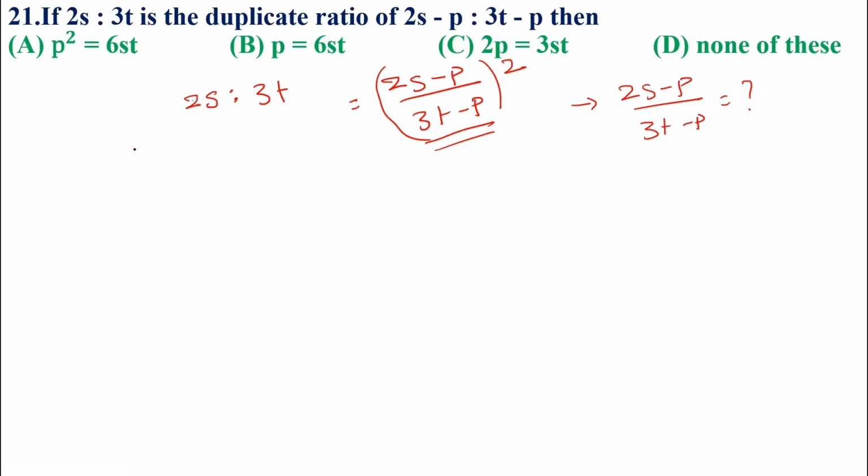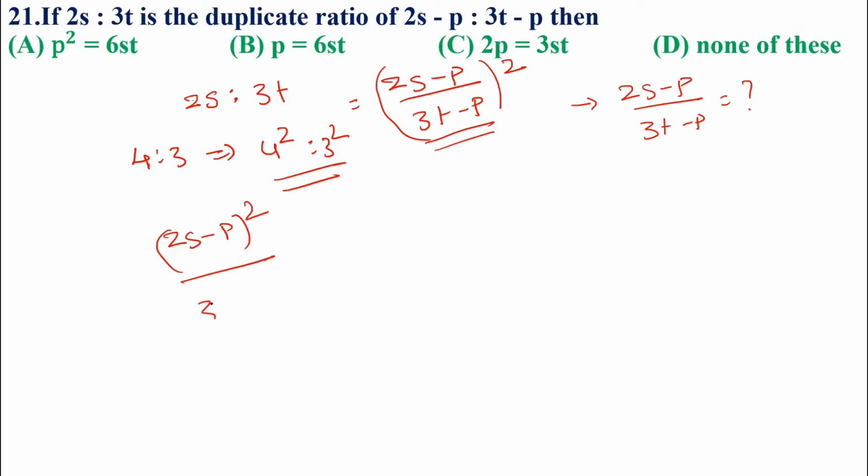The duplicate ratio of 4:3 means what we have written? 4 square is to 3 square. So what they have given? The duplicate ratio of 2S minus P. So (2S minus P) whole square by (3T minus P) whole square is equal to 2S by 3T.